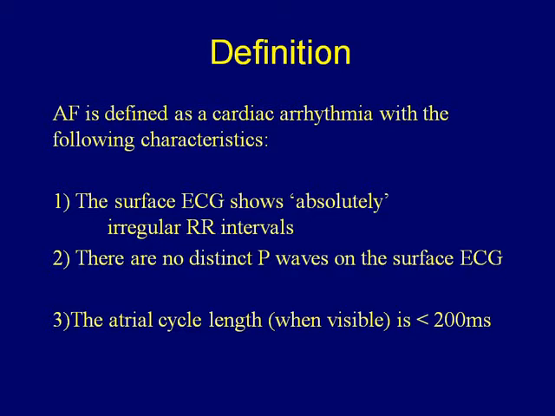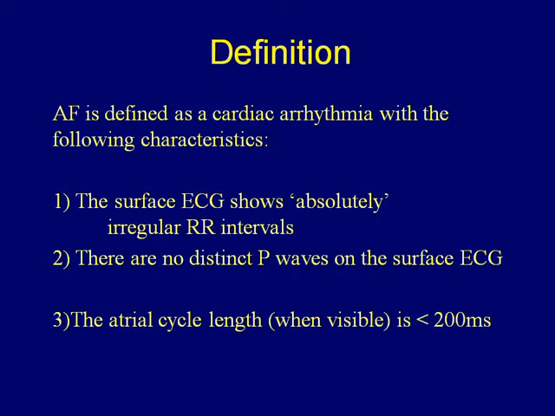They defined in this recent paper, I will give you the reference later, that atrial fibrillation is a cardiac arrhythmia with the following characteristics. The surface ECG shows absolute arrhythmia with irregular RR intervals. There are no distinctive P waves on the surface.